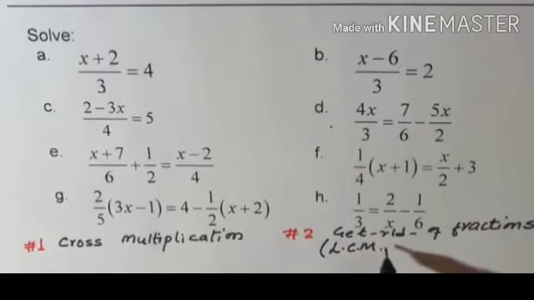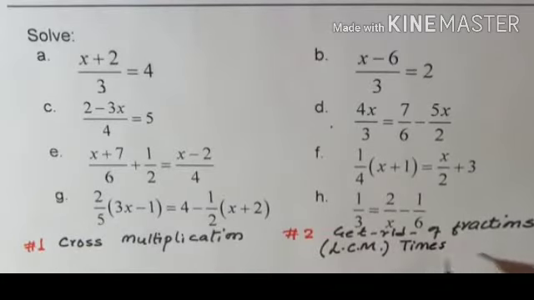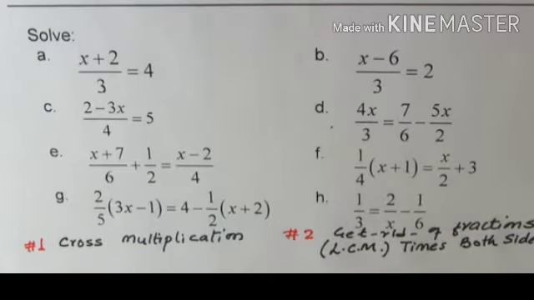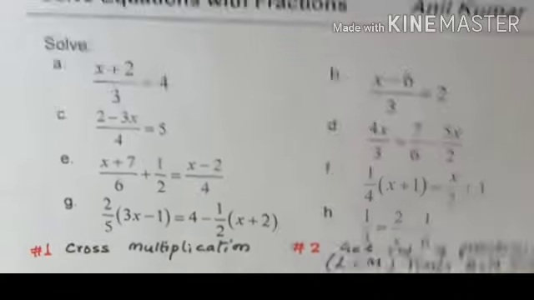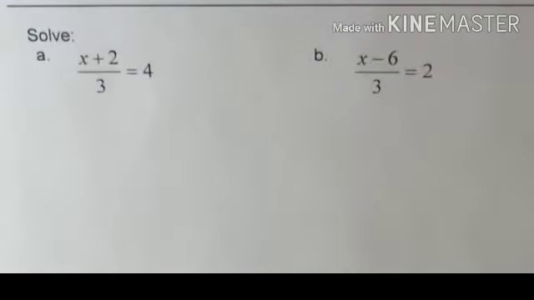So the strategy will be LCM times both sides. And then we will solve as a linear equation without fractions. I hope the strategy is absolutely clear. Now let's apply this strategy to all these questions and solve them one by one.